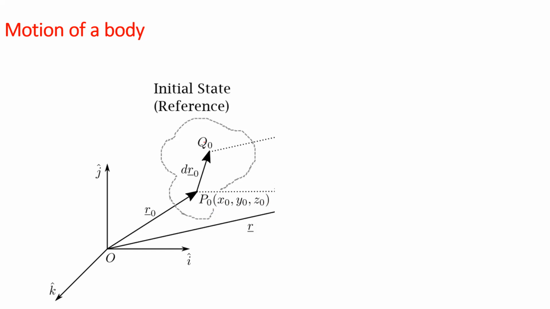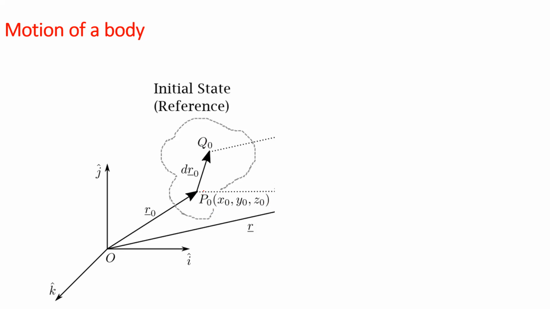And there is another point which is at a vectorial distance of dr0. The point P has a position vector r0, and from point P, I have a small vectorial distance dr0. I have another point Q. All right. Now, this is the initial state, and by some means it has undergone deformation.